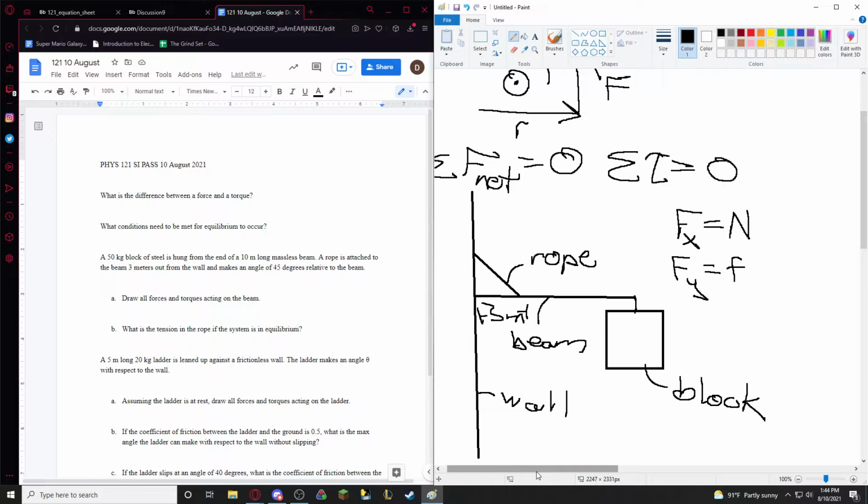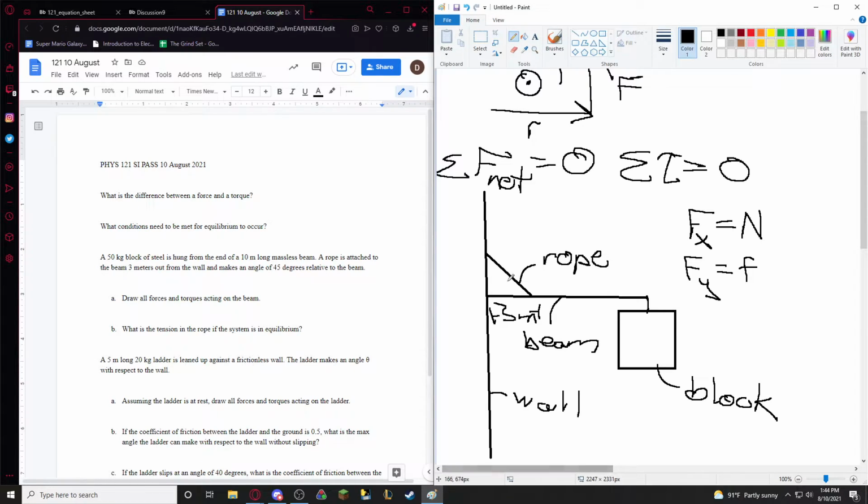So then there's going to be 2 other spots where there's some sort of force acting on the beam. Tension of the rope. Exactly. The tension in the rope. So it's right here. And what angle does the rope make with the beam? 45 degrees.